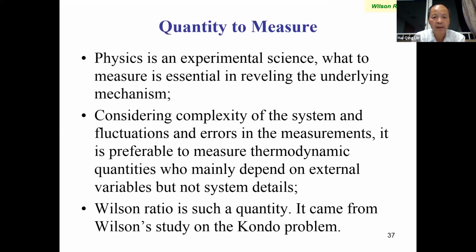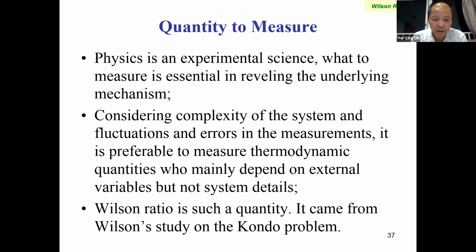Now, the reason we use the Wilson ratio is that in experimental measurement, the many-body system we are considering is very complicated. There are many fluctuations and errors in the measurement.